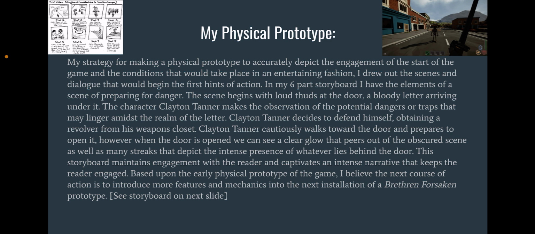Before I go to the next slide, now let me stress the importance of physical prototypes. The importance of physical prototypes and the uses for them lie within determining whether a game truly is an engaging base and whether the game has potential to expand further into a full-fledged, complex, and rich narrative.